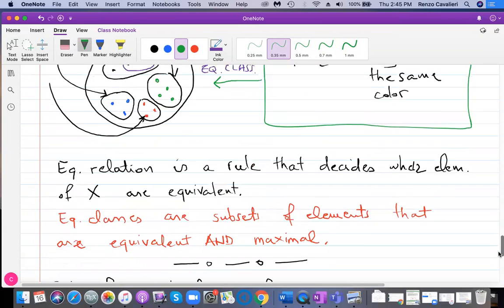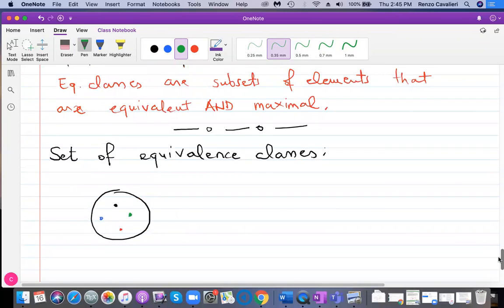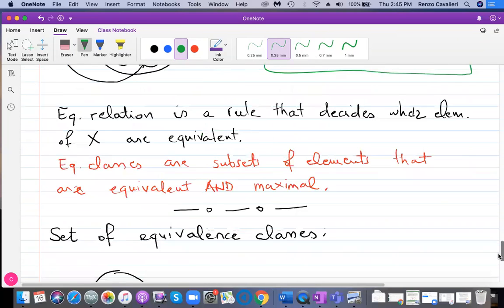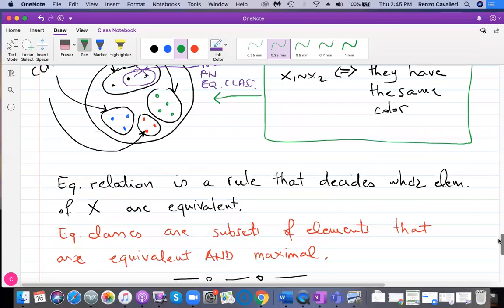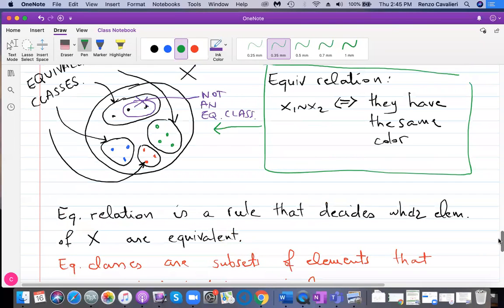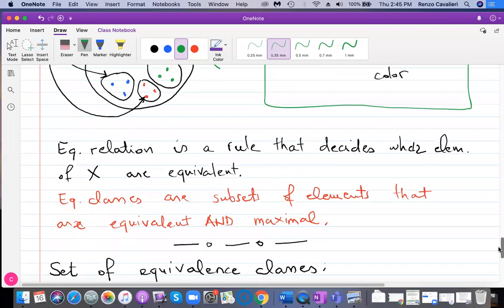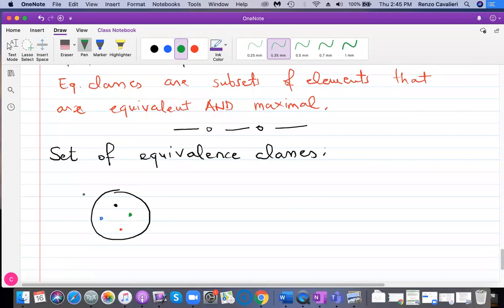And so the set of equivalence classes in this example has 4 elements, even though my original set X had 3 plus 4, 7 plus 3, 13 elements. This set of equivalence classes is called the quotient set and is denoted X mod squiggle.